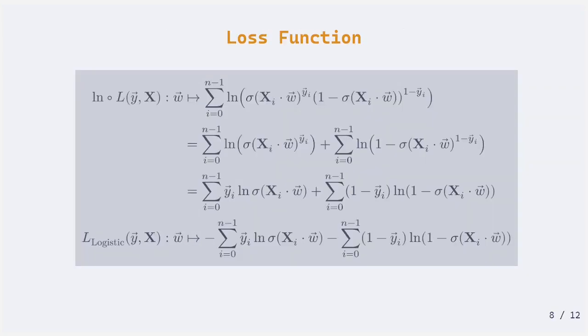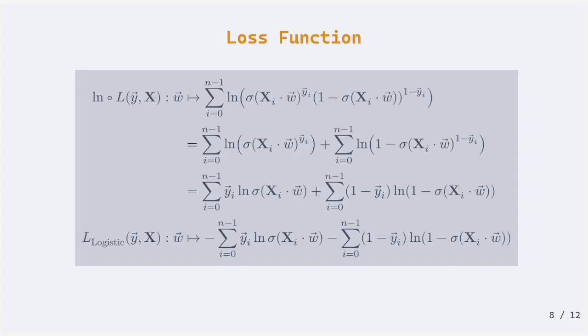And so this is mostly just algebra. If we take the logarithm of the likelihood function, and we simplify it down, and then take the negative, we get to this slightly ridiculous loss function for logistic regression, which is subtract two sums.